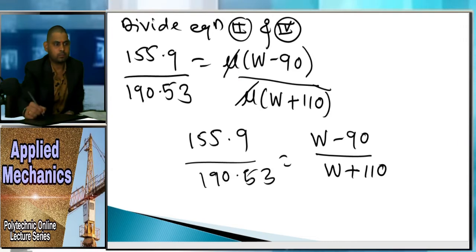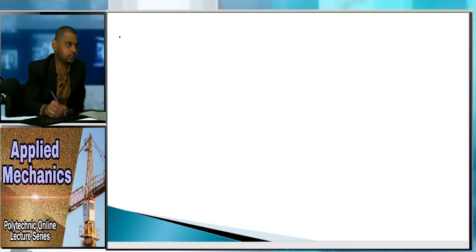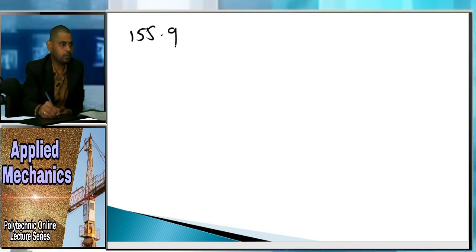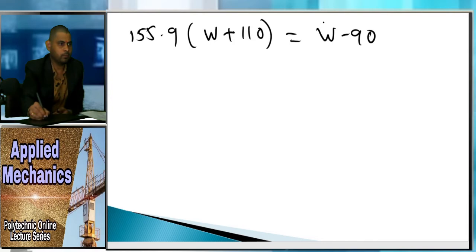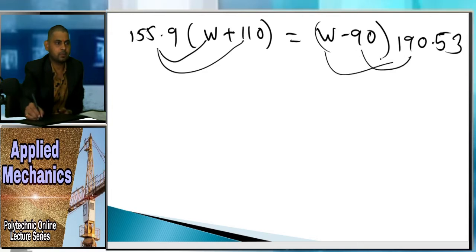Now do the cross multiplication to get the value of W. So 155.9 multiplied by (W plus 110) is equal to (W minus 90) multiplied by 190.53, right? Multiply each term with each term.